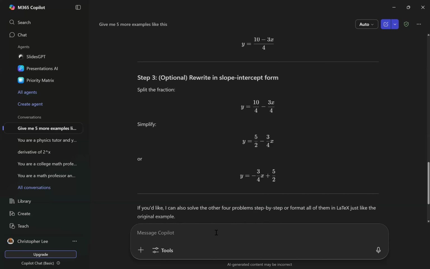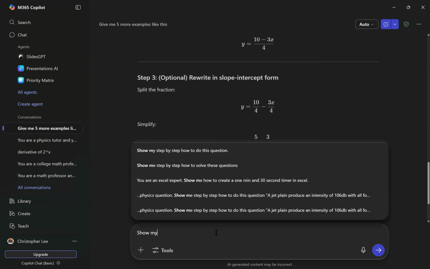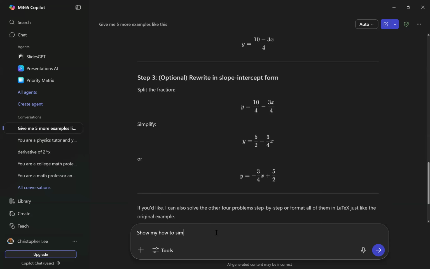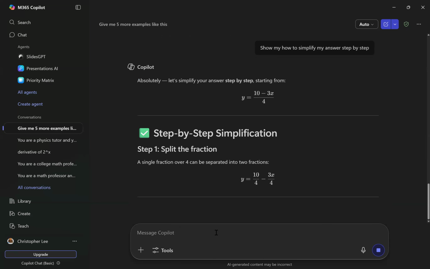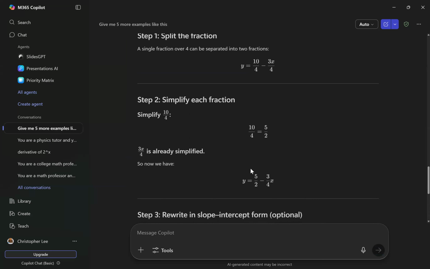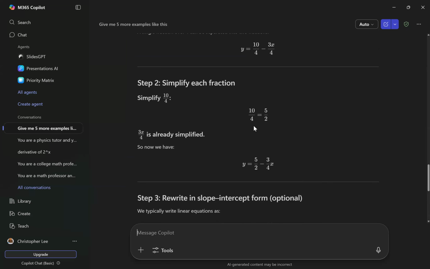So let's say this part right here, where it simplified down to this answer. You could say, show me how to simplify my answer step by step. And then it'll do it for you. So it starts off with the second one, and then you have the 10/4, and it's reducing it to 5/2.